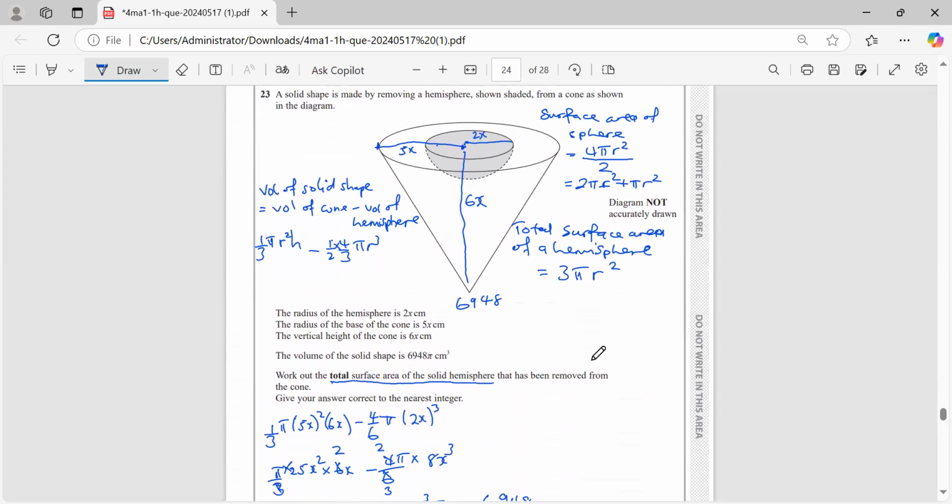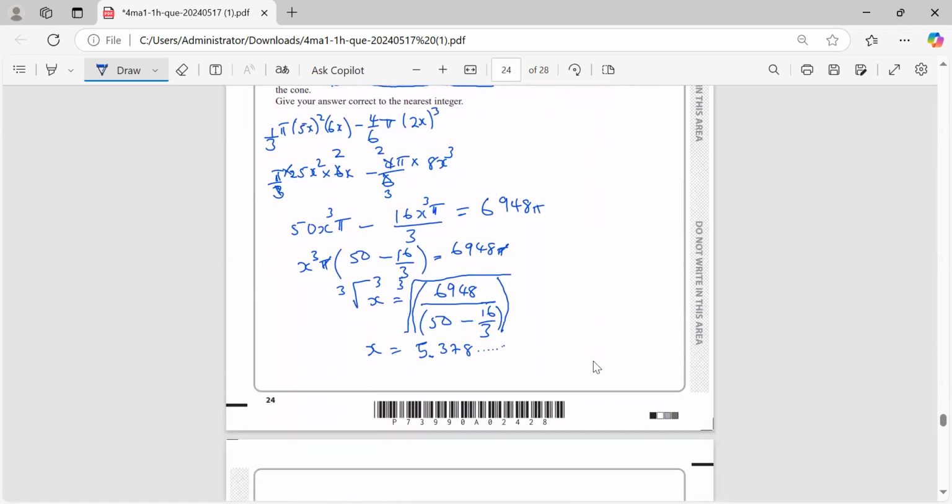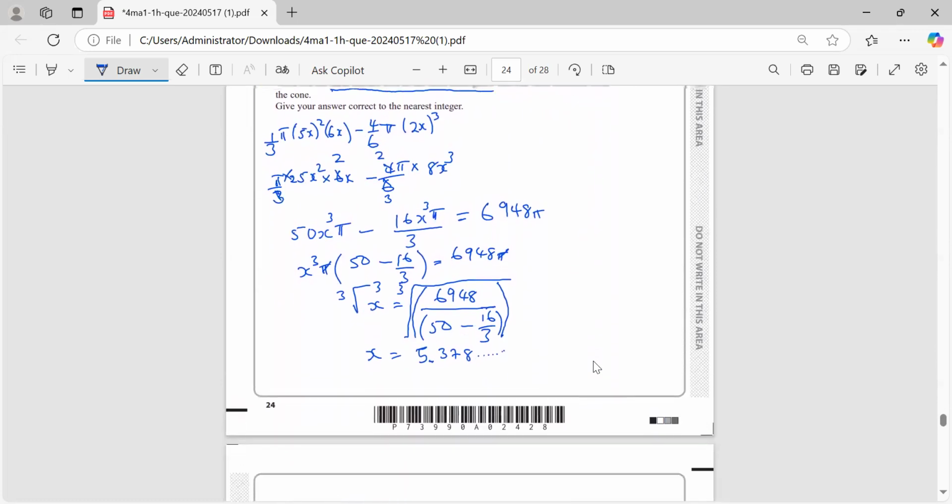2x, right? So it's just 3 pi, and then your radius is 2x, 2x squared, which is actually 4, and then 5.378 squared.